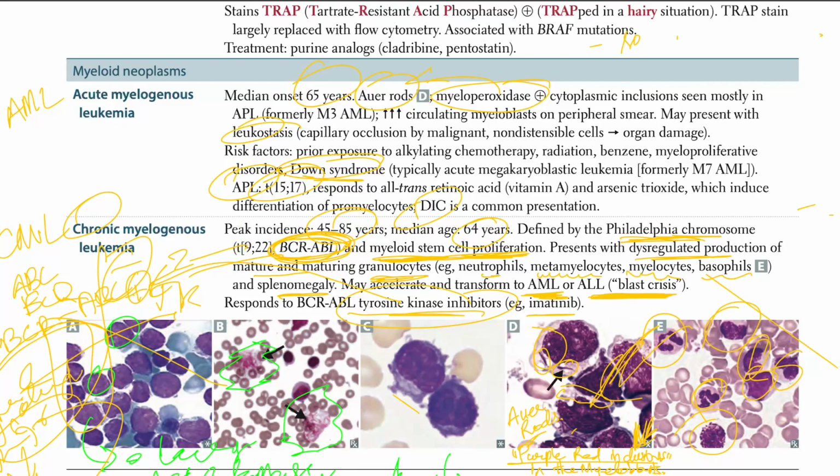And let me also write here one thing, that as we said, you have the neutrophils, metamyelocytes, myelocytes, basophils, splenomegaly. Now, you will also have an increase in these cells.